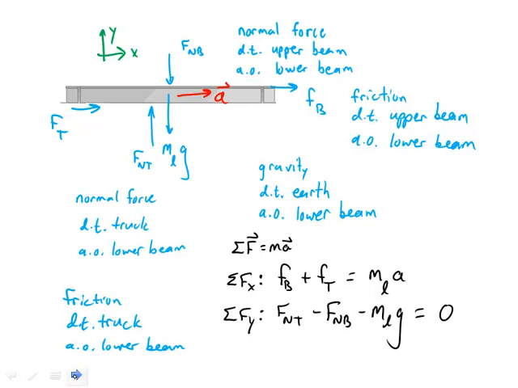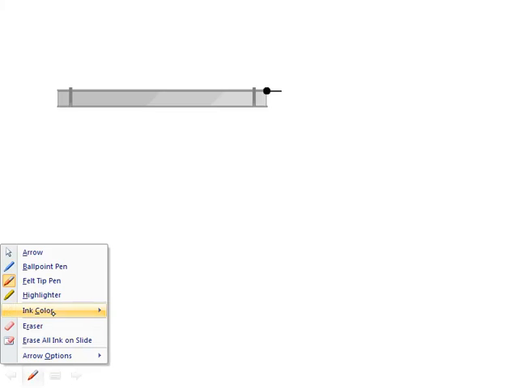All right, well, what's happening with the upper beam? So here's the upper beam, and some of the forces you're not going to be very surprised at. There's an m sub u g, so that's gravity due to the Earth acting on the upper beam. And then there's a normal force.